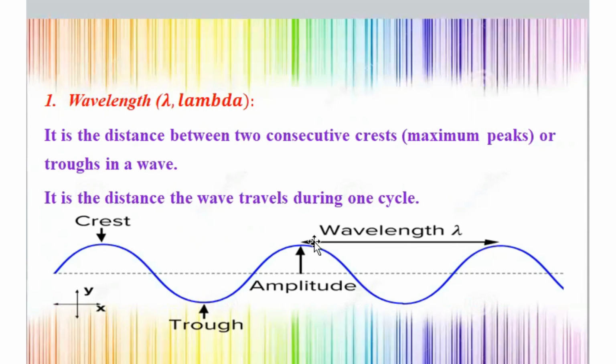Two consecutive crests, this one and this one, are the crests. The distance between these two consecutive crests is known as the wavelength, or the distance from the depth of the wave, that is the trough, to the next trough. This is the wavelength of a wave.